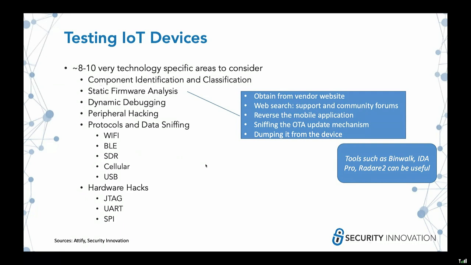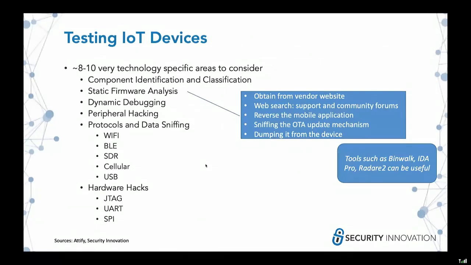Many vendors actually publish the firmware binaries on their website. There are often support or community forums where you can download the firmware binaries. In more aggressive scenarios, you might have to reverse engineer the mobile application, or put a sniffer on the over-the-air update mechanism, which is what OTA stands for.